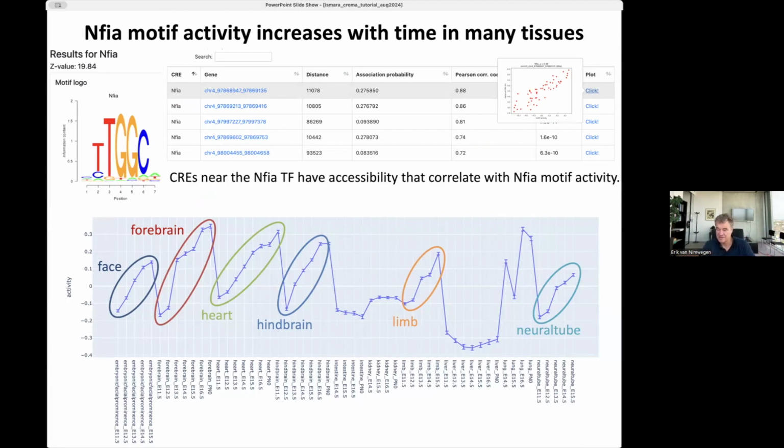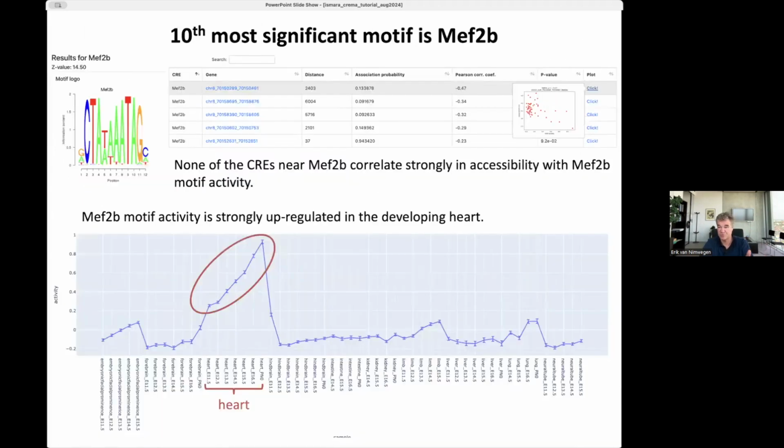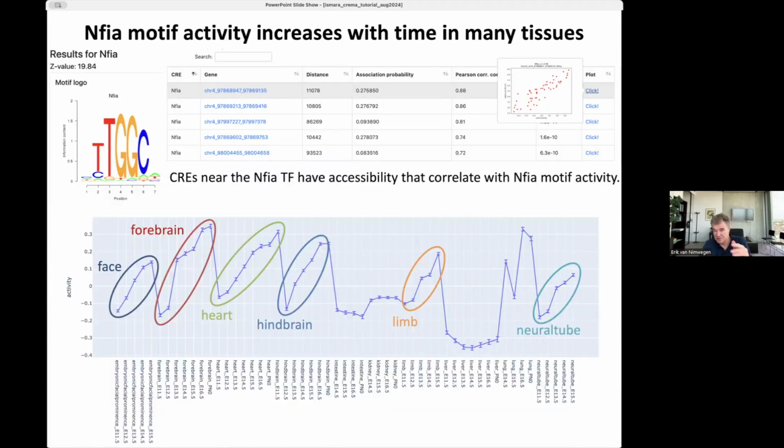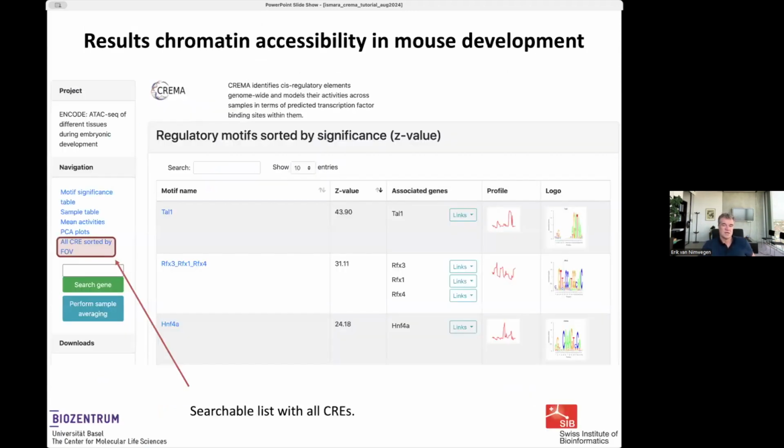So NFIA seems to be some general factor that generally increases the accessibility of tissue-specific CREs, but across all tissues, not specific to one tissue, right? So this MEF2B was very specific for heart, but this NFI seems to be going up over time in all tissues. All right.